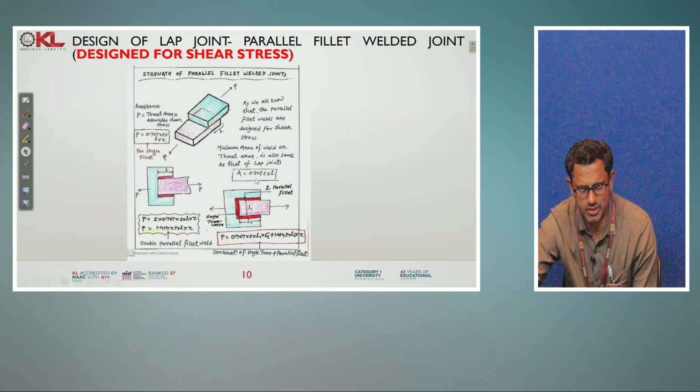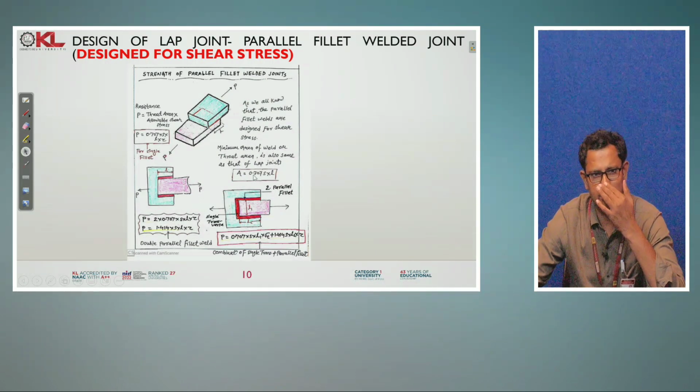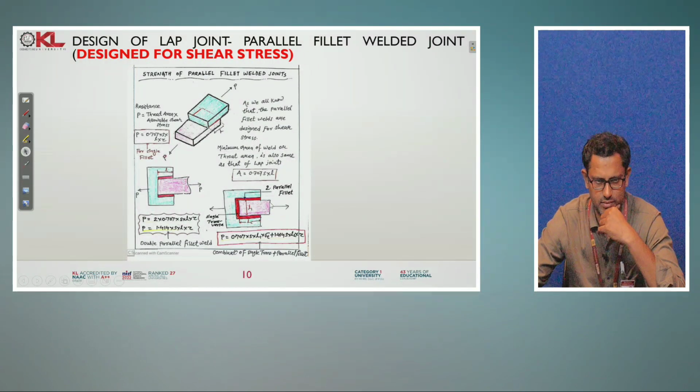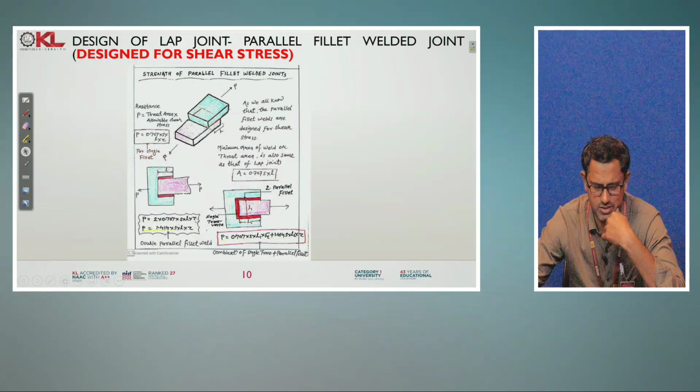By substituting that value, you will get the area as 0.707 S into L. This is the area of your welded joint. So we know that 2 into area, that is 2 into 0.707 into S into L into tau shear stress value. So by substituting these values, you will get the P values.